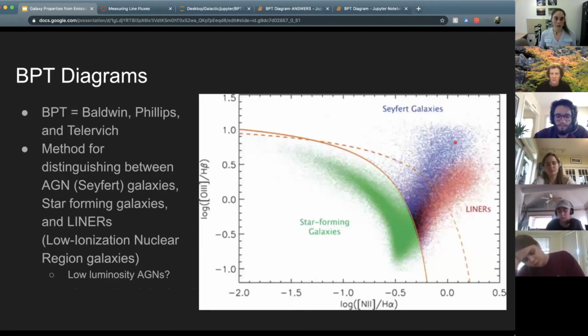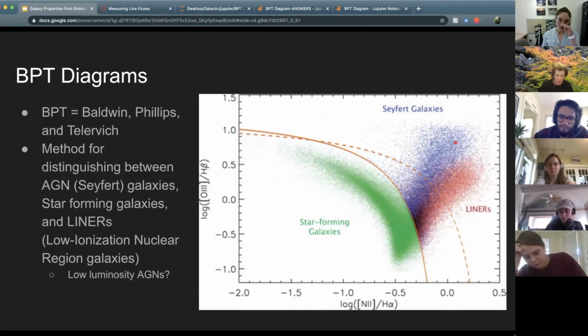With those lines, you get something called a BPT diagram. Looking at the two ratios of four lines, I guess, we can get an idea of what the ionizing source in a galaxy is. BPT stands for Baldwin, Phillips, and Terlevich, the people who came up with this emission line diagnostic tool.